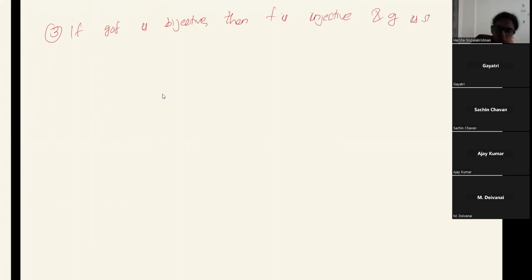Now, the third statement we will see. If G composite F is bijective, then F is... this is actually a very trivial statement because we already proved the two statements. So using that, we can easily prove this.